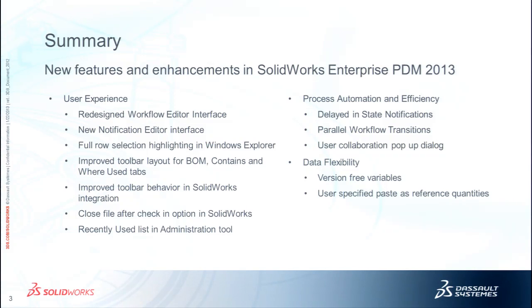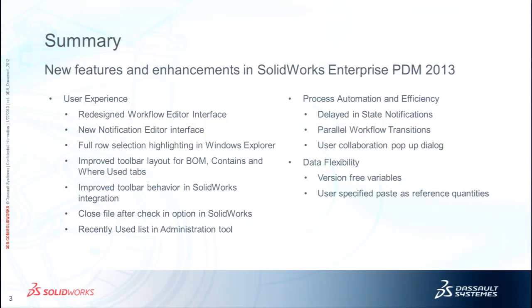And we have something new called version-free variables. Version-free variables, don't get all excited back there because I'm about to burst your bubble. All right. Version-free variables allow you to change the value of a variable on a data card. If you designate it as being version-free, you can change it without having to check it out, and you don't create a version.